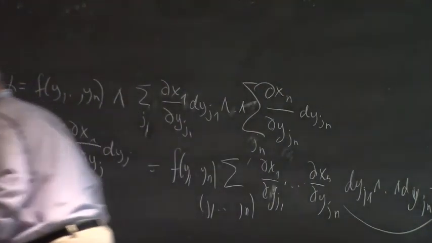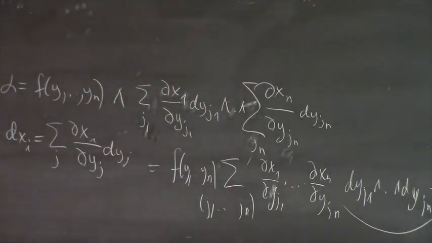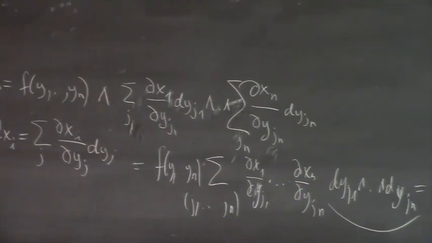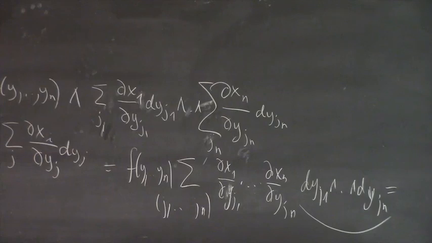This is the same as dy1 ... dyn, but with a certain sign. And this sign is plus or minus 1 precisely if the permutation j1, ..., jn is even or odd.